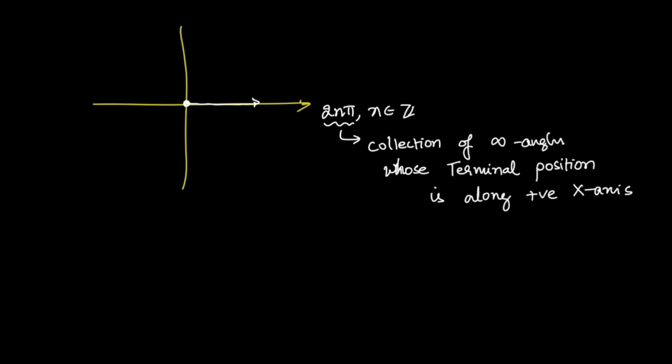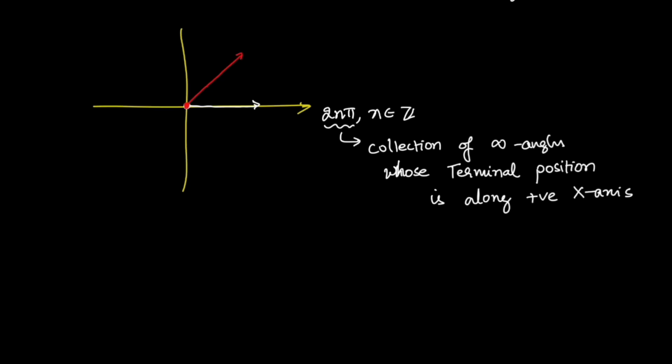Now, what about all the angles for which this would be the terminal position? Let's say this is 45 degrees. I want all angles for which this would be the terminal position. So how do we think about that? See, first we will try to reach positive direction of x-axis. How many ways can we reach positive direction of x-axis? Infinite ways. Suppose 0 degrees, we are here.